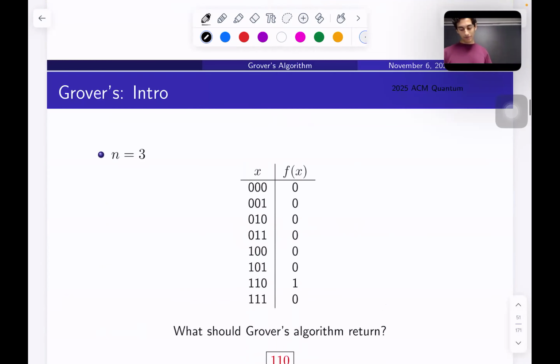Let's first think about how we would solve this problem classically. We know no structure about the data, so we can't use binary search.